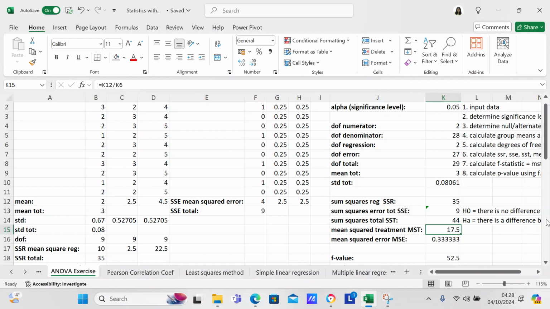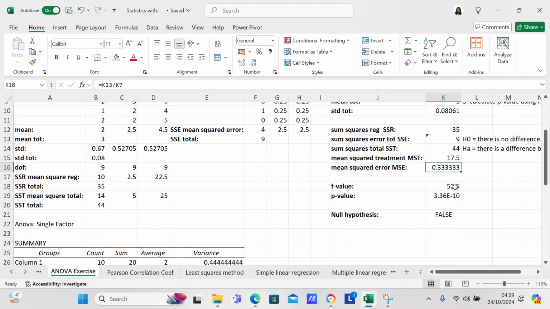And that's 17.5. Then we've got the mean squared error, which is K13 over K7. So that's going to be sum of squares error over DOF error, and that gives you 0.33333.